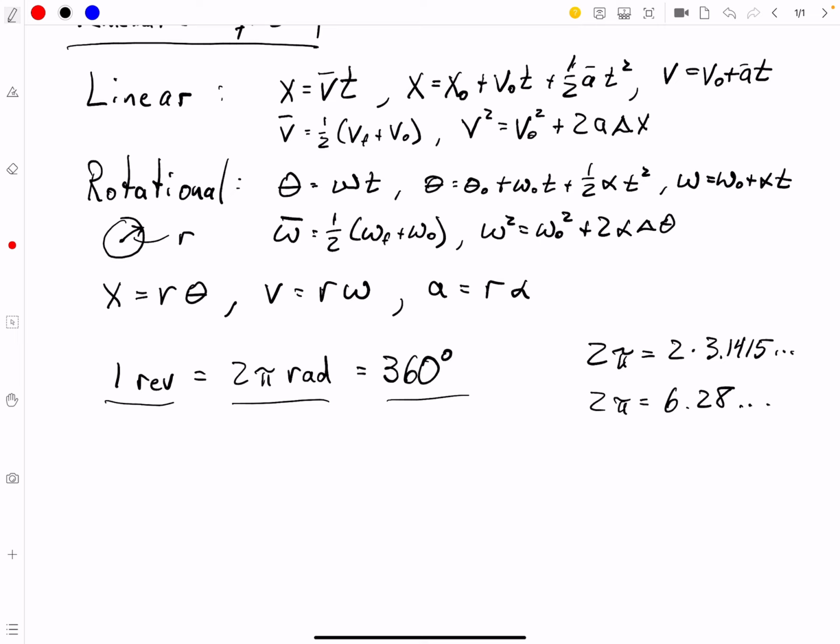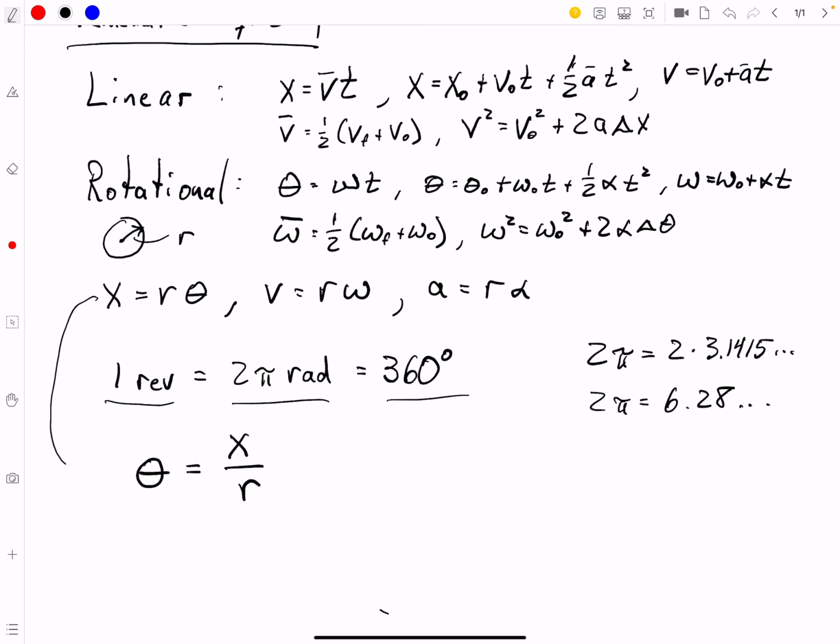I am the only person I know who teaches the ghost of radians. When you do something and your length units drop out, so let's do it. Let's do theta equals x over r.